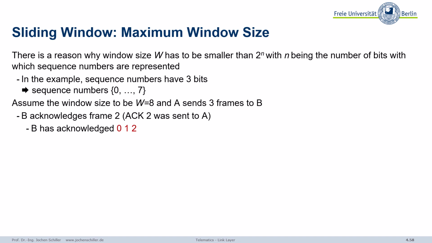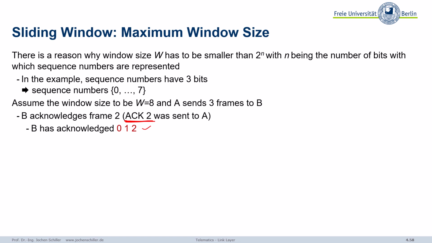Now A sends 3 frames to B, just 3 frames, and B acknowledges frame 2 with ACK 2, sending to A. And B has now acknowledged 0, 1, and 2. Let's assume we just started. So we sent 3 frames, frame 0, frame 1, frame 2, and we sent ACK 2. Perfect. Everything is nice.